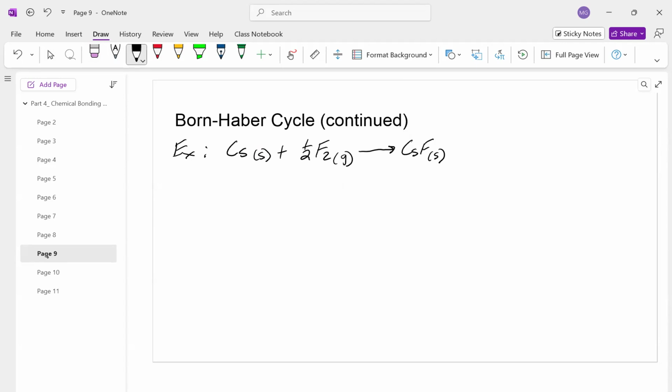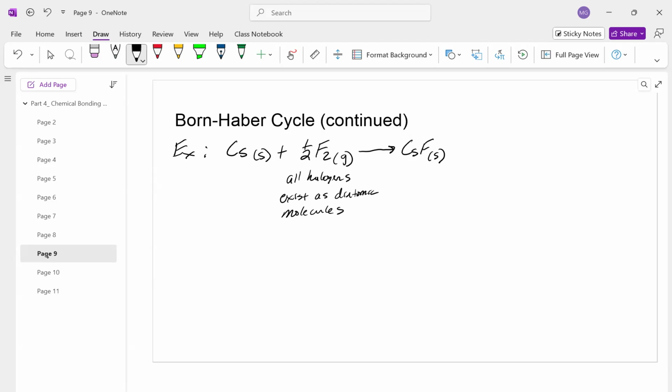Just a little side note: you notice that for fluorine, I didn't draw just a single letter F. I have F2. This is something to put down in the margin of your notes or just memorize: all of the halogens exist as diatomic molecules.